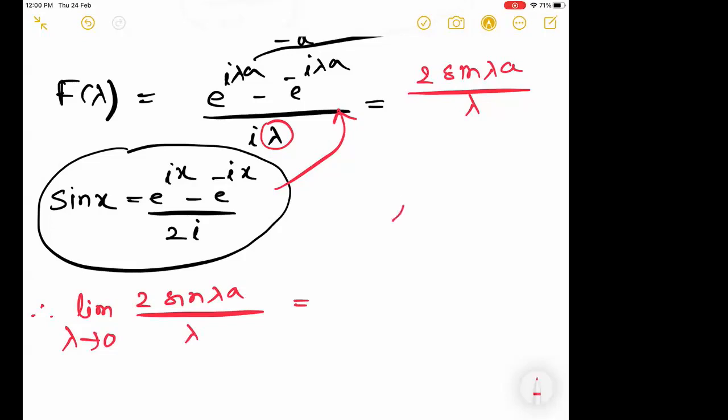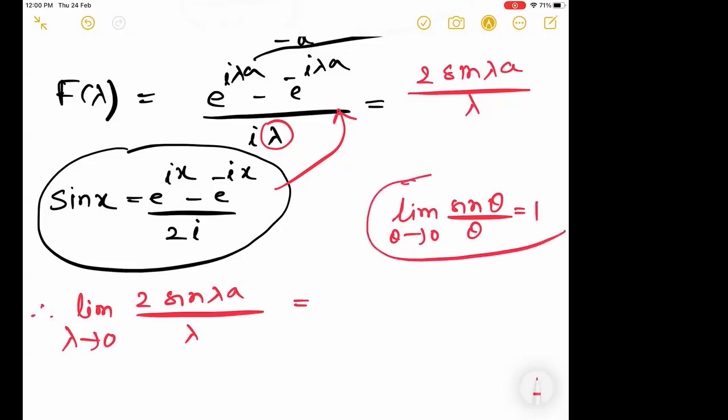Do you know this property, sine theta upon theta? Limiting form of this? Sine theta upon theta in the limiting form theta tending to 0 is always 1.